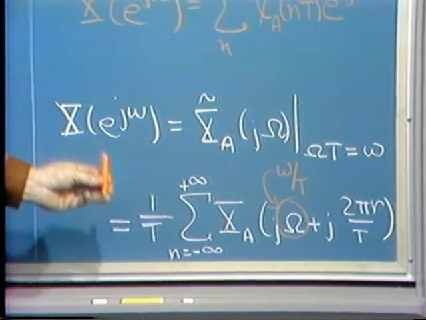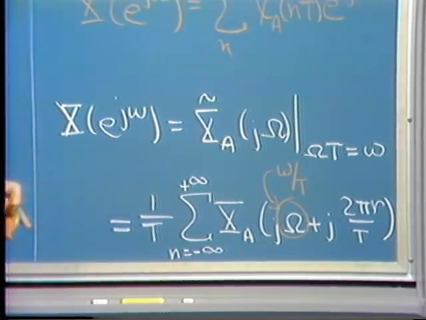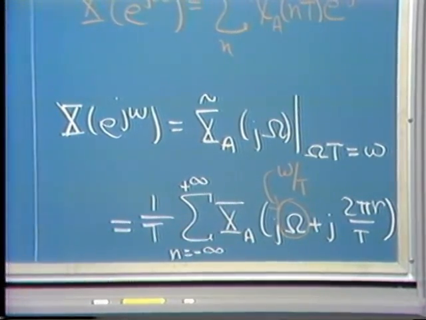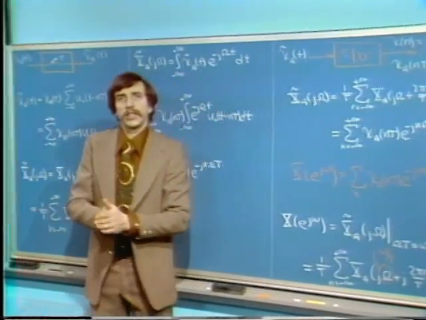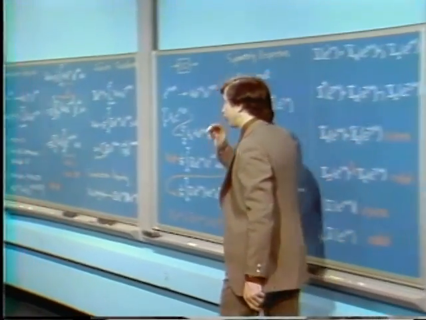And this then tells us what the Fourier transform of the sequence is in terms of the Fourier transform of the continuous time signal. Well, this is just equations. Let's take a look at what this looks like graphically.